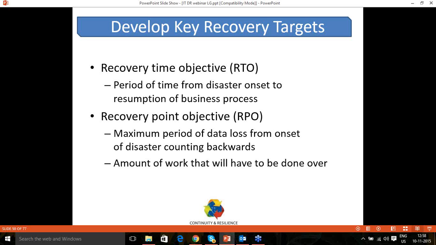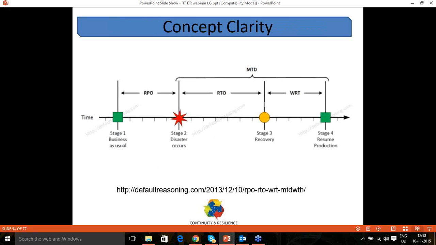So this is the slide I was talking about. If you can see this, stage 1 is my business as usual going on. Stage 2 is the point when the disaster occurs. So stage 2 to stage 3, which is recovery, is the time I call RTO, recovery time objective. This is the time in which I need to recover from my DR site for my critical functions.